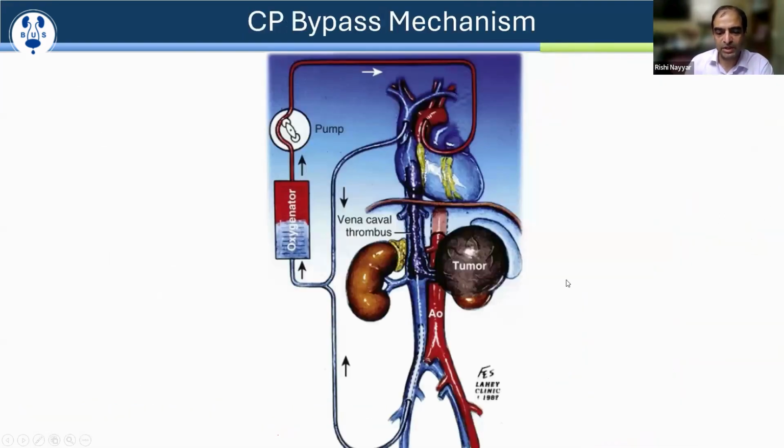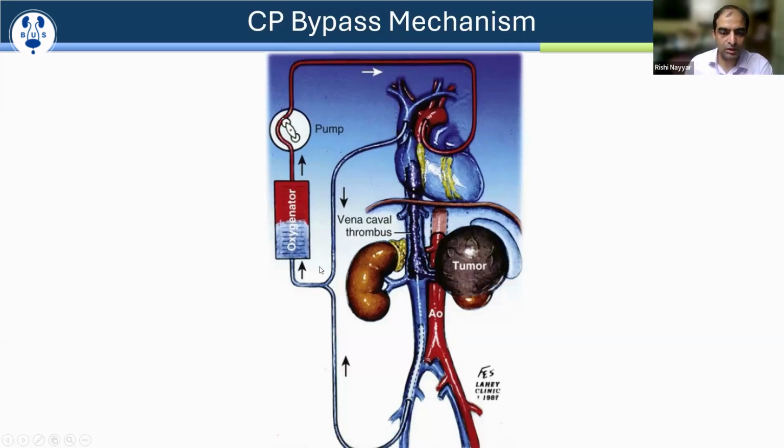So what happens in a bypass machine is that first we put the venous cannulas below the level of the thrombus. A venous cannula is put into the IVC to bring the blood coming from the lower half of the body to this bypass machine, where the blood is going to be oxygenated. And similarly, a cannula is put into the superior vena cava within the pericardium.